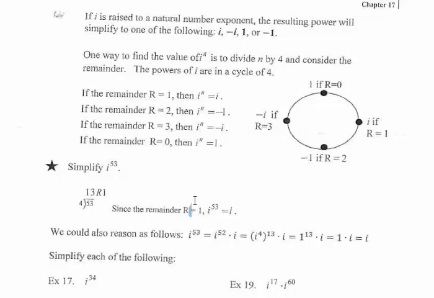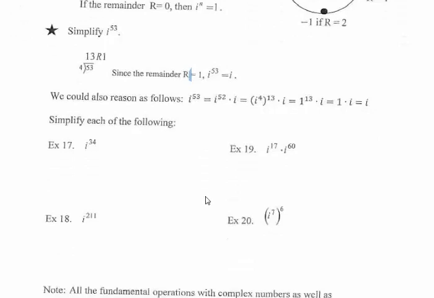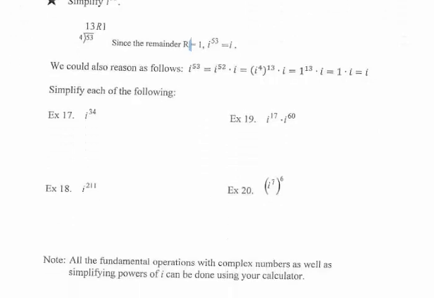Alright, so hopefully that makes sense. If not, then we're going to work some examples. So we write i to the 34 in terms of i to the 4's. So how many i to the 4's can we take out of 34? Well, if we take out 8 of them, then we've accounted for 4 times 8, 32 of the original 34.